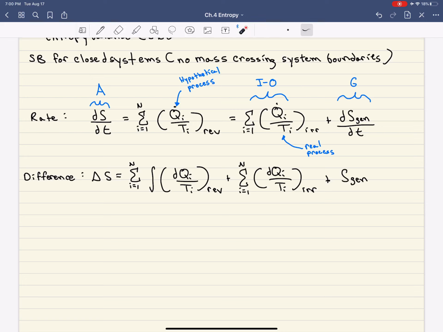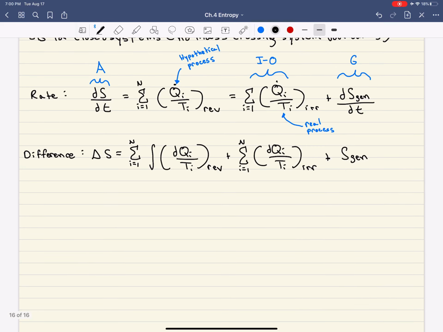And for both the rate and the difference form, our S_gen could either be positive if you have an irreversible process, it could be equal to 0 for the reversible process, or it could be less than 0 for the physically impossible process.